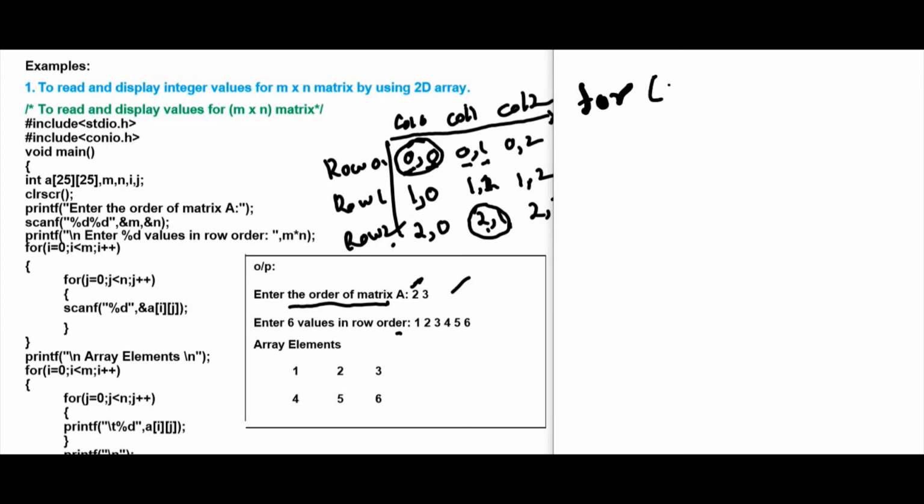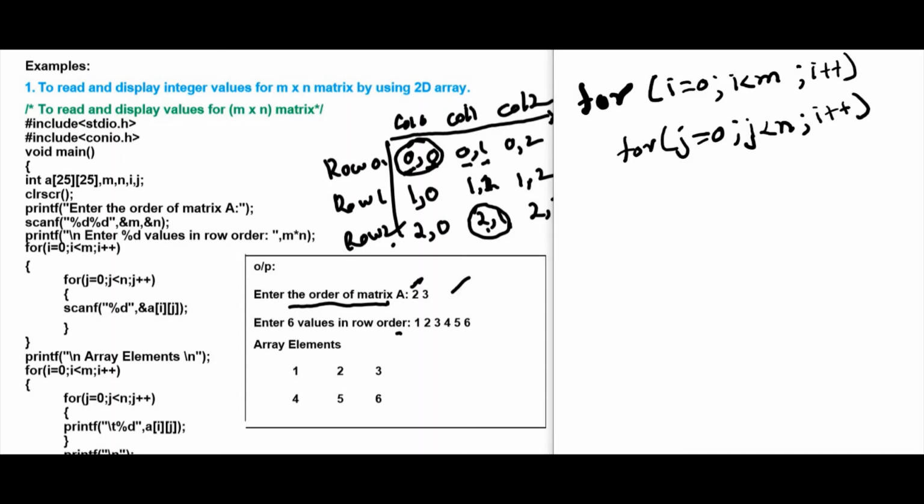For i is equal to 0, i less than m, m is the row value, i plus plus I am performing. Inside this I have one more for loop where I am using j as an index value for the array. j is less than n, n is the column value. Right.